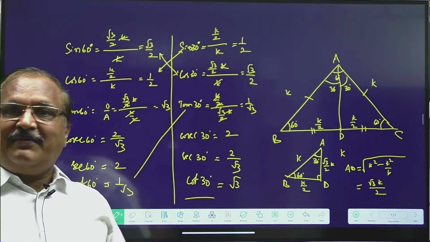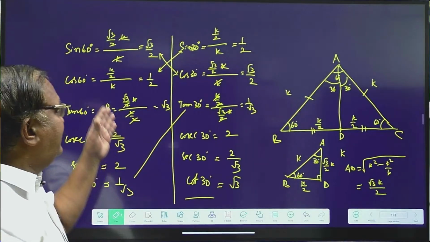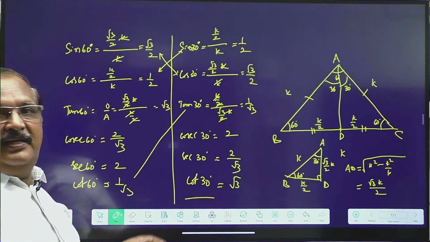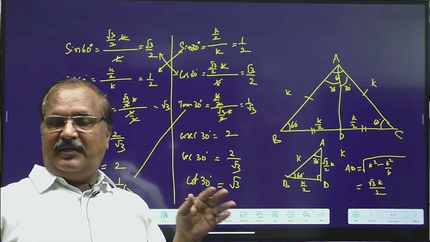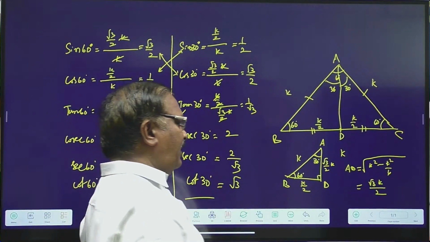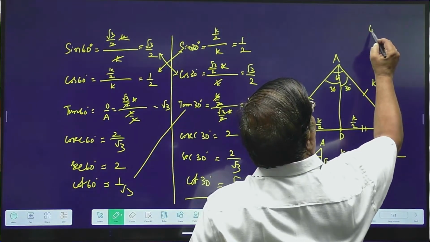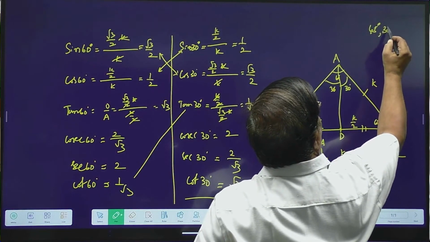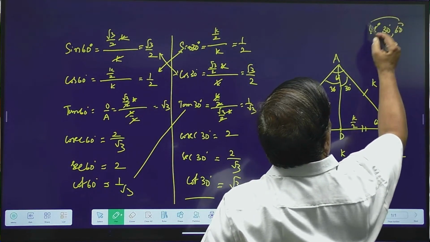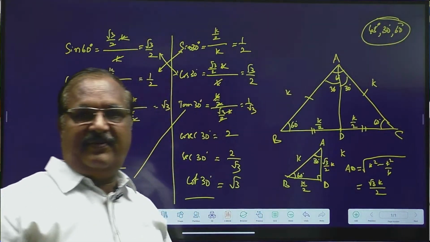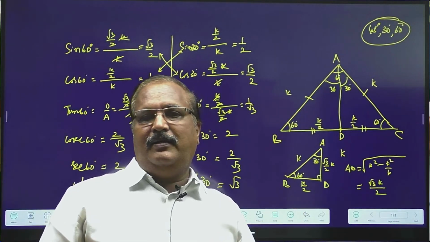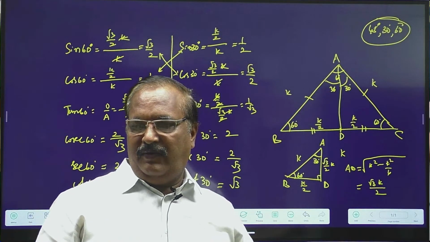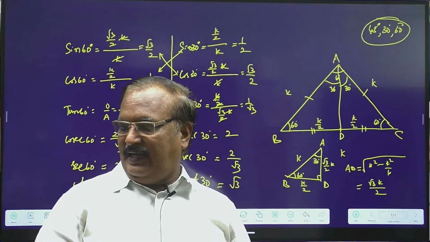So now we have got the trigonometric ratios of 60 degrees and of 30 degrees also. Like that we have got 45 degrees, 30 degrees and 60 degrees, three angles. These are the specific angles that we get regularly in our day-to-day math life.